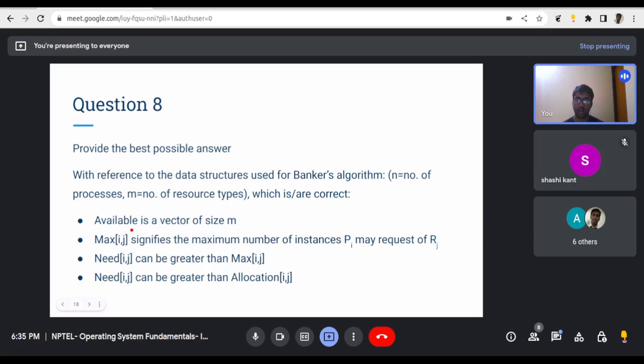Max signifies at maximum how many instances of a resource J a process I can request at a single point of time. What does need signify? Need signifies that process pi already has some instances of resource rj. How much more should it require in order to complete the process pi?